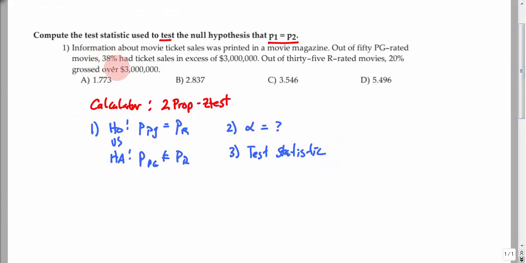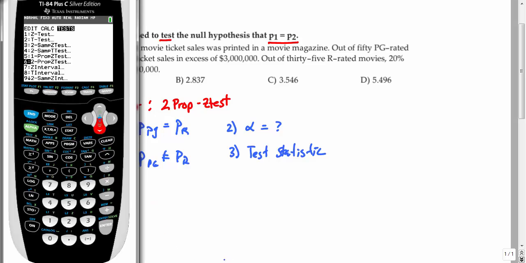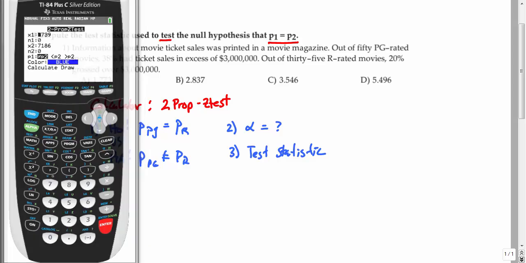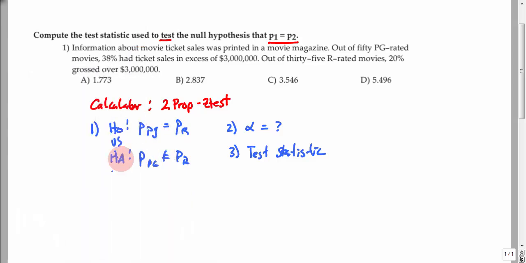In order to calculate our test statistic, if we jump into our calculator view and go under that two proportion z-test, it looks like we need to know x1, n1, x2, and n2. So let's look back. For P1, that's my PG movies, I need to know x1 and n1.